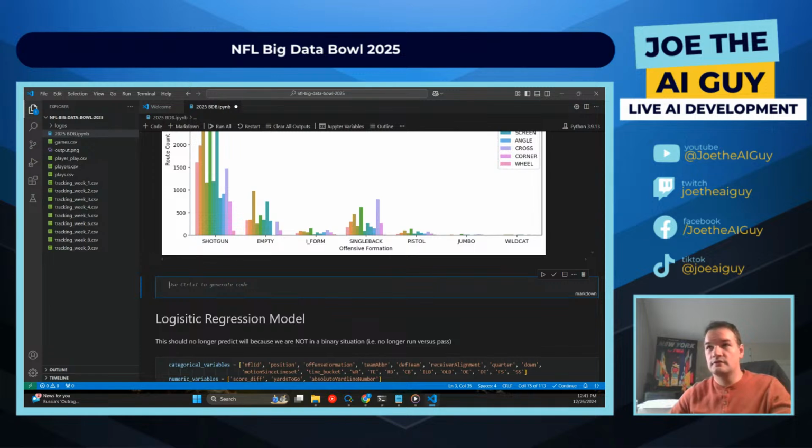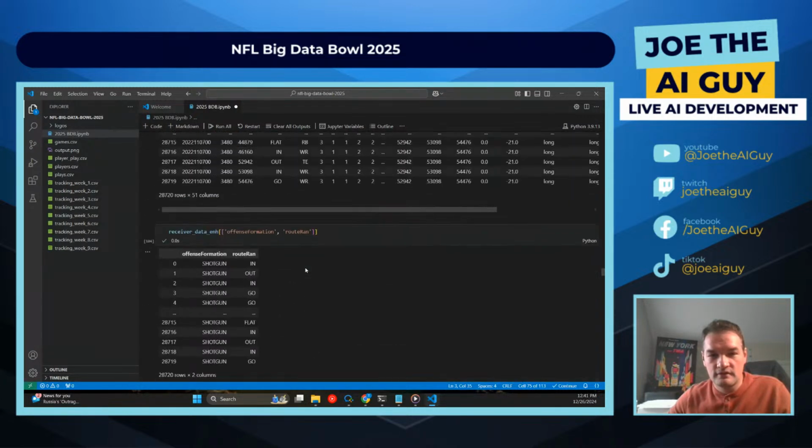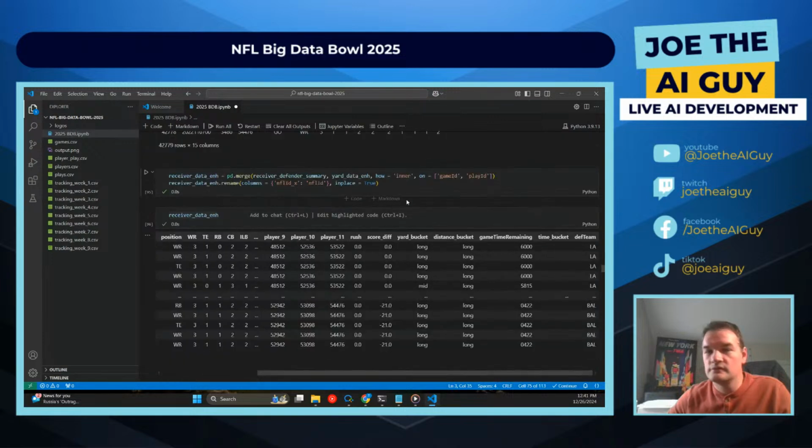Try and look at the defensive coverage. Do I have that in my data set? I think I do.